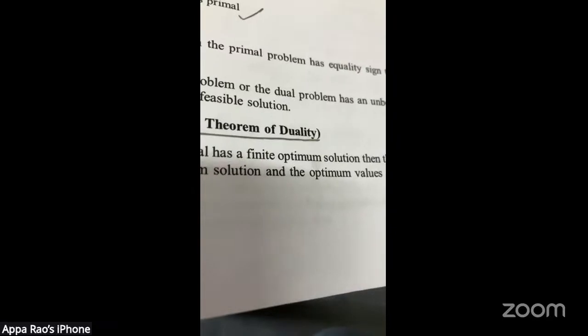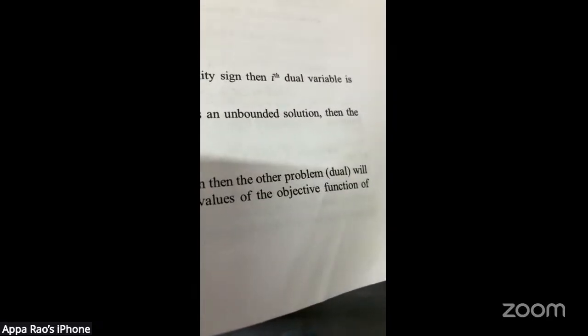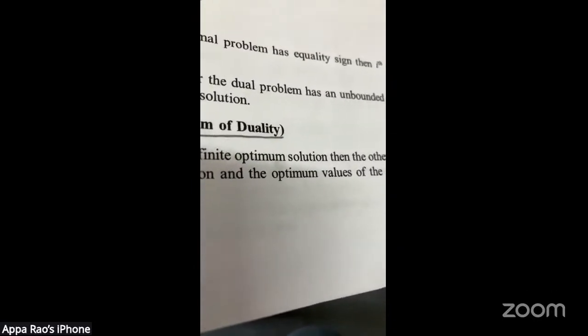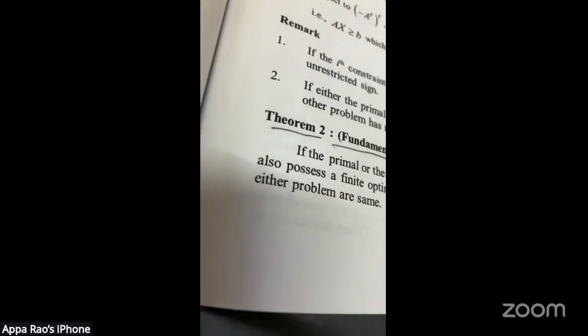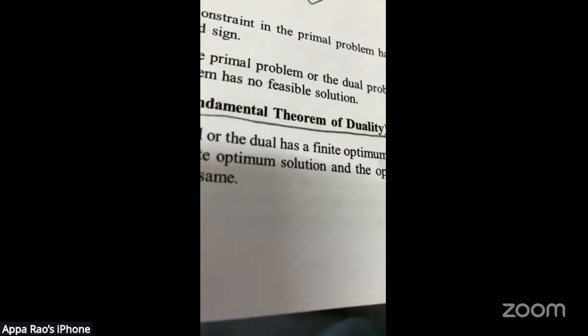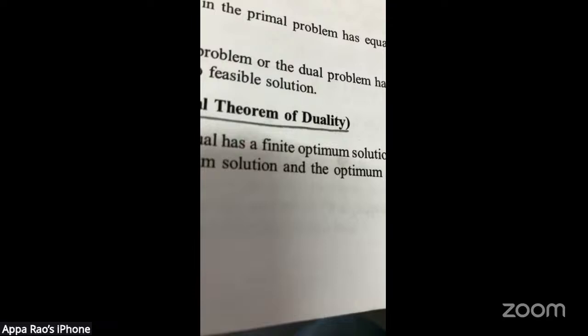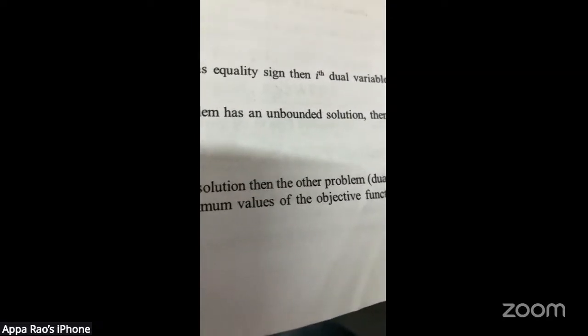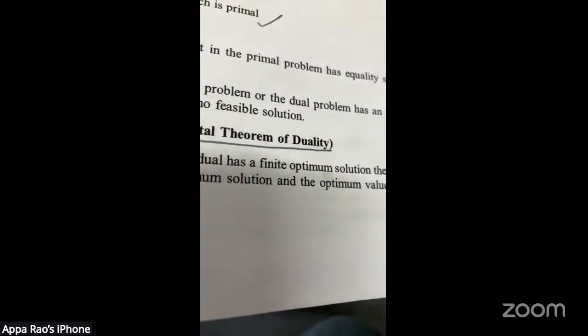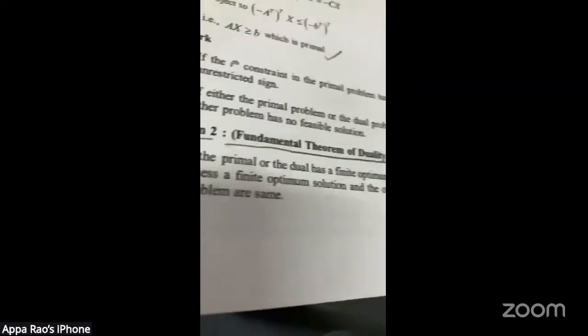Statement: if the primal or the dual has a finite optimum solution, then the other problem will also possess a finite optimum solution, and the optimum values of the objective function of either problem are the same.